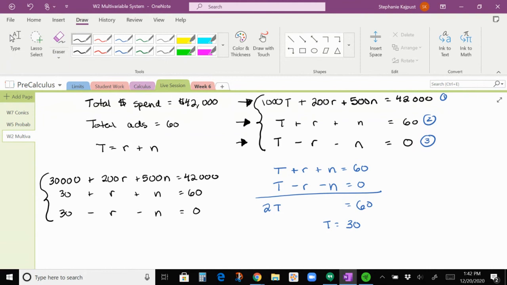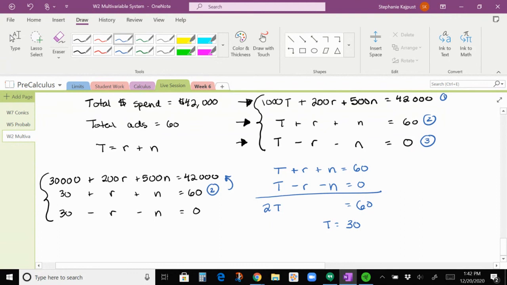So now we want to solve for R and N. And it's up to you whether you want to continue elimination or do a substitution. Personally, if I look at this, I might go with substitution. So I might take equation 2 right here and solve for R and then plug it into equation 1.